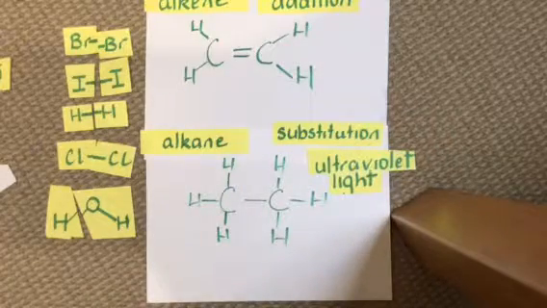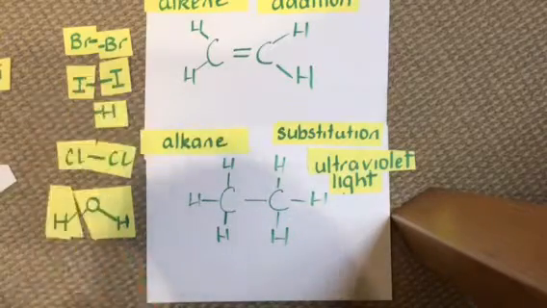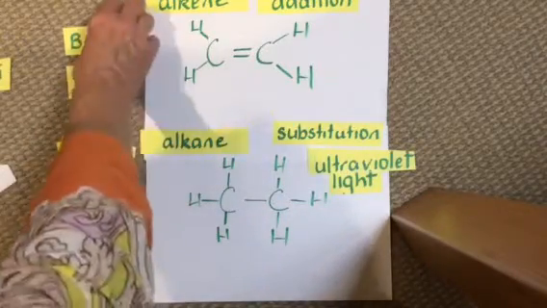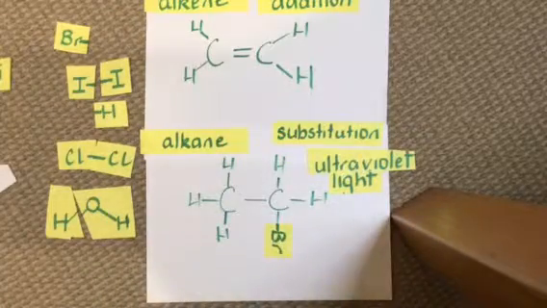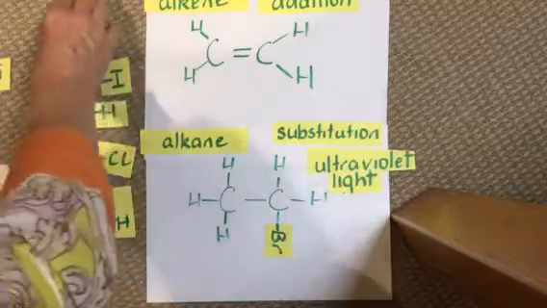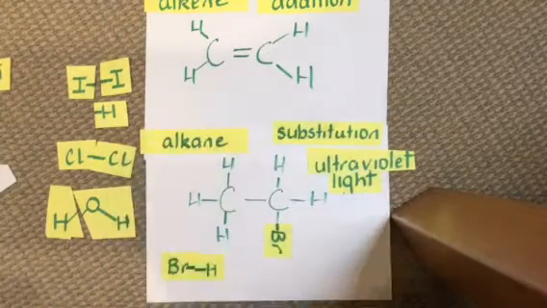We need that boost of energy to enable one of those hydrogens to come off, and we were adding bromine, weren't we? And to be replaced with the bromine. And you must remember to add in your other product, which in this case would be HBr.